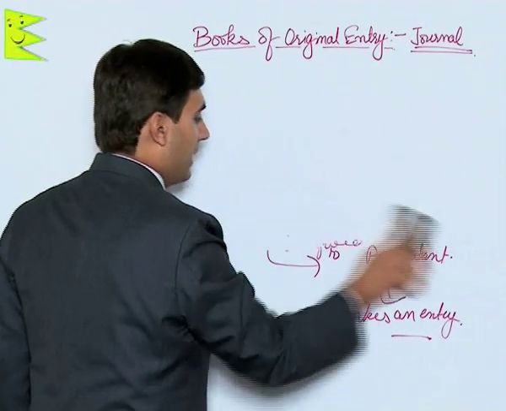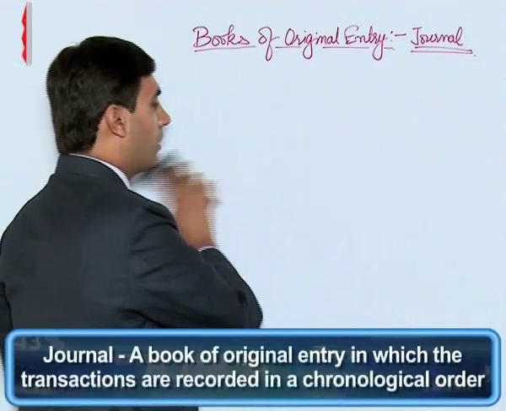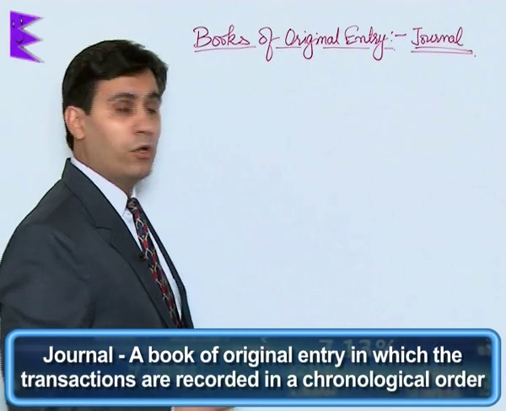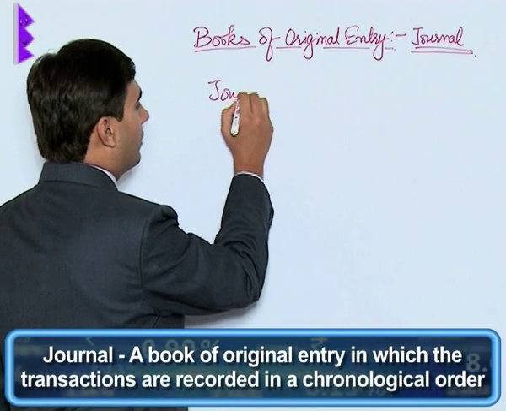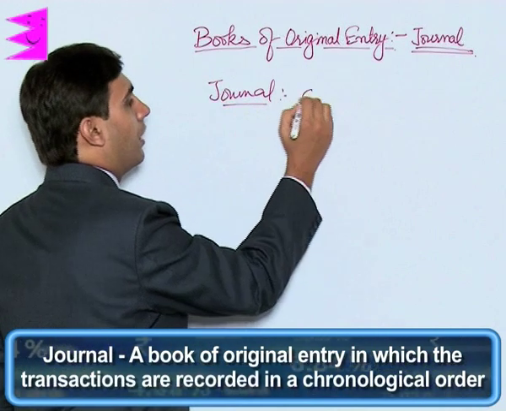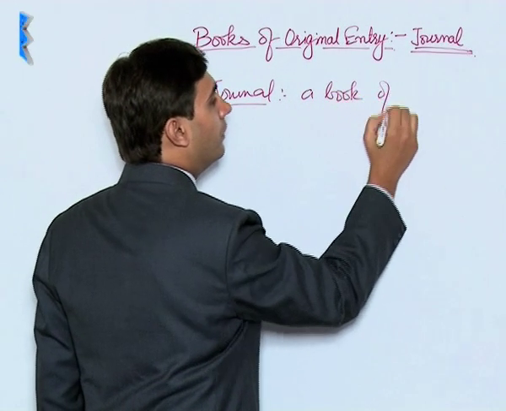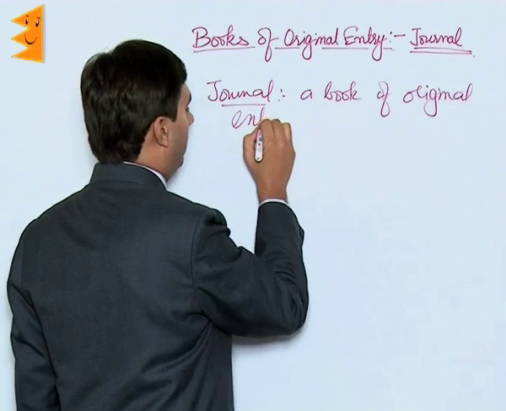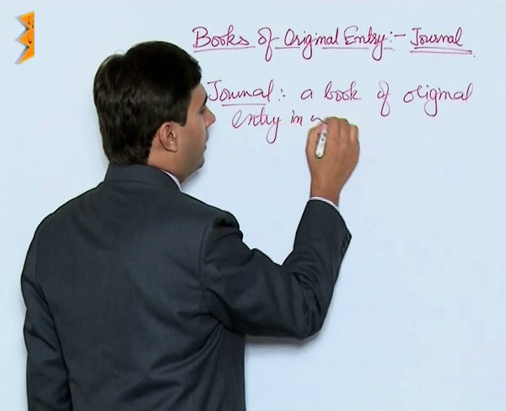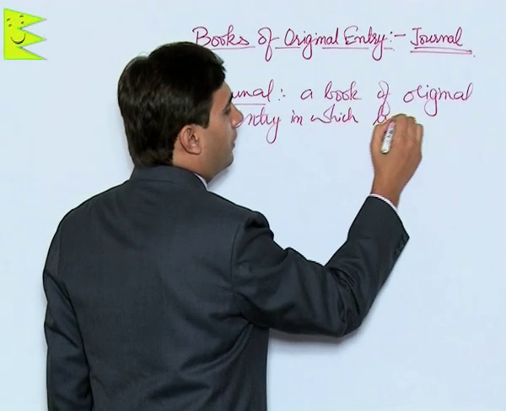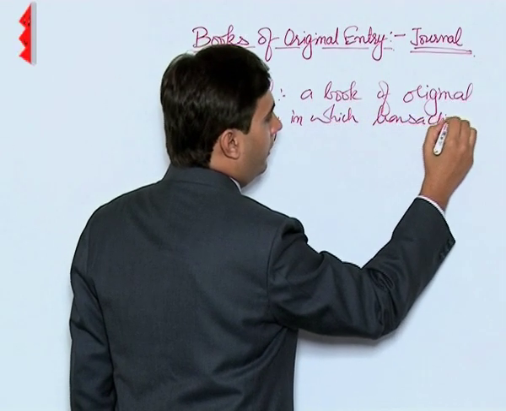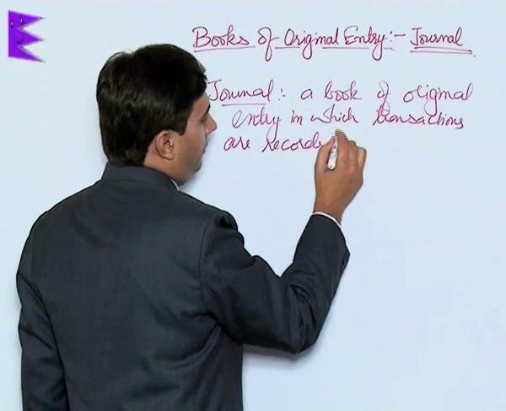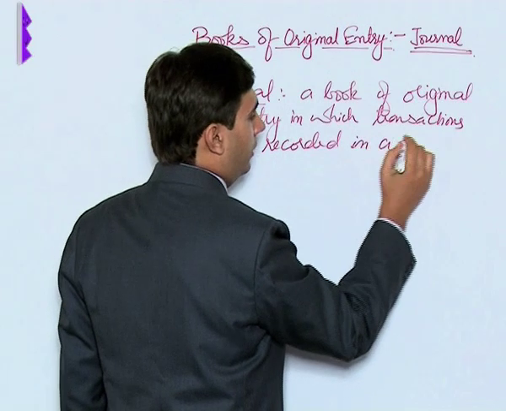Students, journal can be classified as a book of original entry in which the entries are made in chronological order. The definition of journal is a book of original entry in which transactions are recorded in a chronological order.